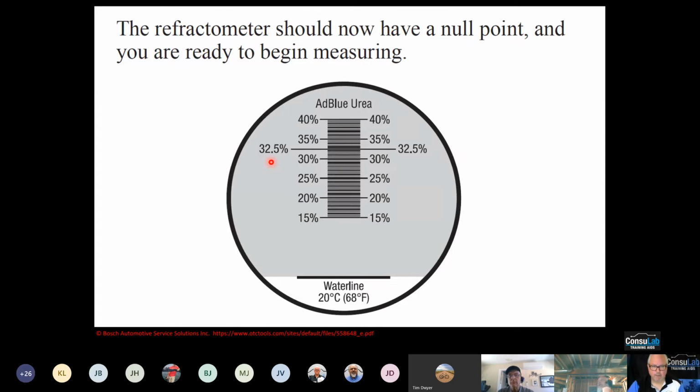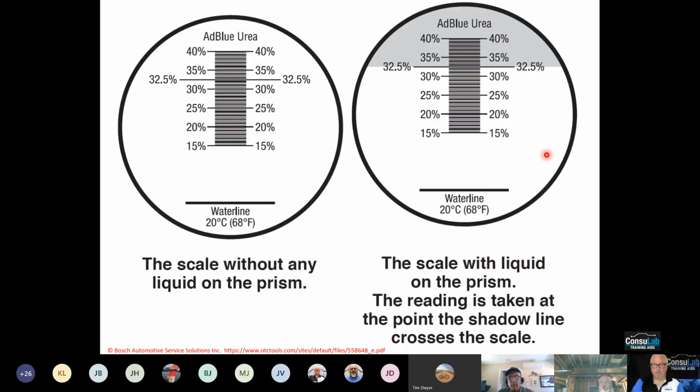So it's right there. Of course, it's targeted with AdBlue urea, which is just a trade name. Actually, it should be a registered trademark, I suppose. So here, two different pictures: the scale without any liquid in it, and then the scale with the liquid in it. It's a pretty tight window for this fluid to work.